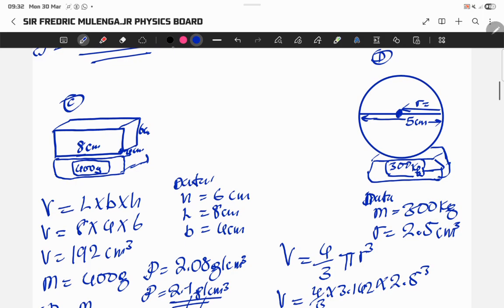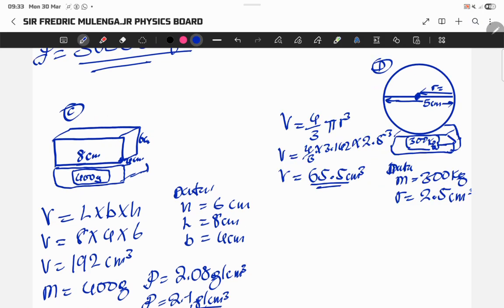So let me create space. We know that 1 million centimeter cubed is just 1 meter cubed.